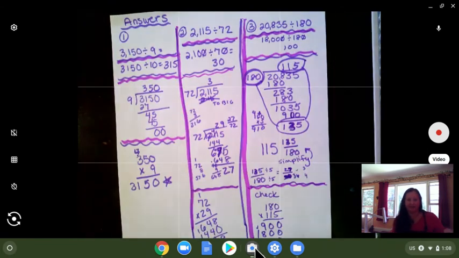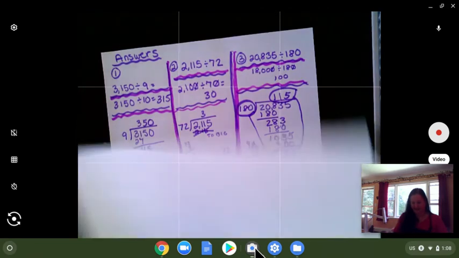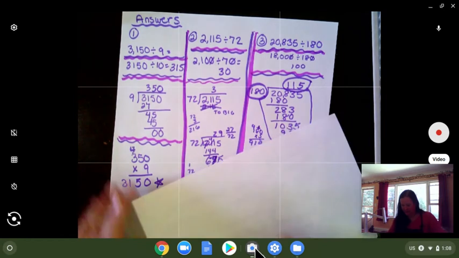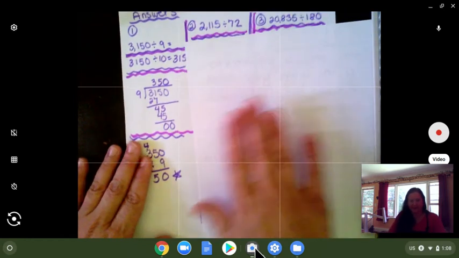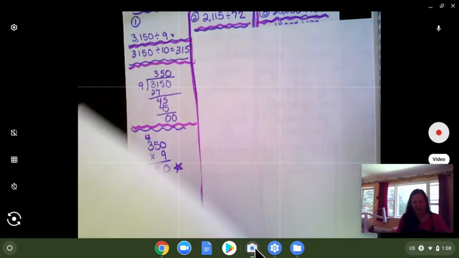Okay, so now let's go over your work and over your answers for each of these. I don't want to overwhelm you, so let's do one at a time. So here we have this first problem. And it's okay if your compatible number estimate is a little different than mine, that's fine.